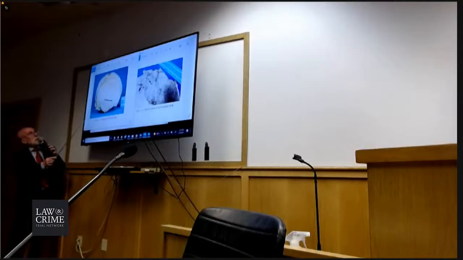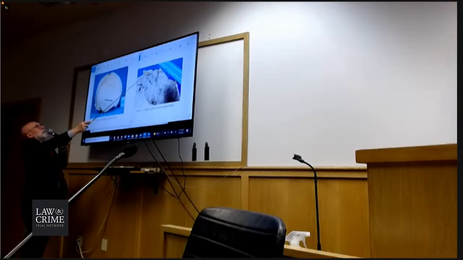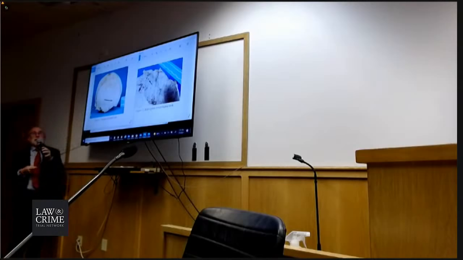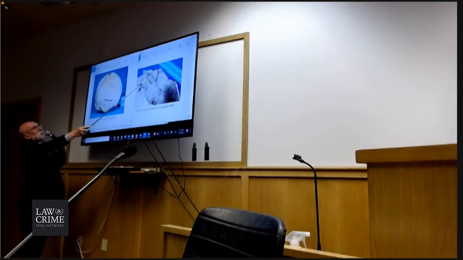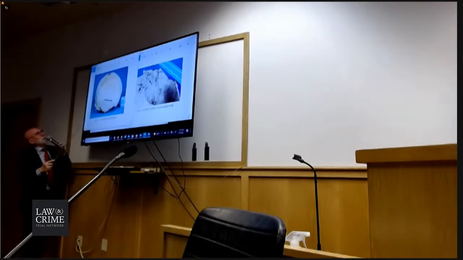Sure. It'd be right in this area. So this hole right here, see right there? And that's a naturally occurring hole we know as a foramen, correct? Correct. That's a natural occurrence. That is this hole. So this defect is right about here, on the right side.